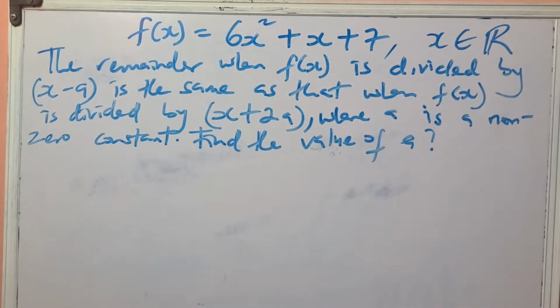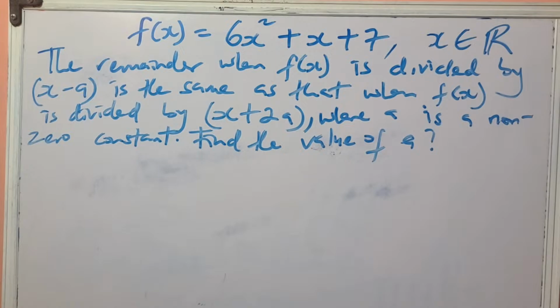So as usual, I will give you the privilege to solve in about 2 minutes so that at least you can also gain from the ability to interpret questions. So can you go through the question and let's run through it and see how we are supposed to solve this. So we're given a polynomial f of x. We're told the polynomial is 6x squared plus x plus 7.